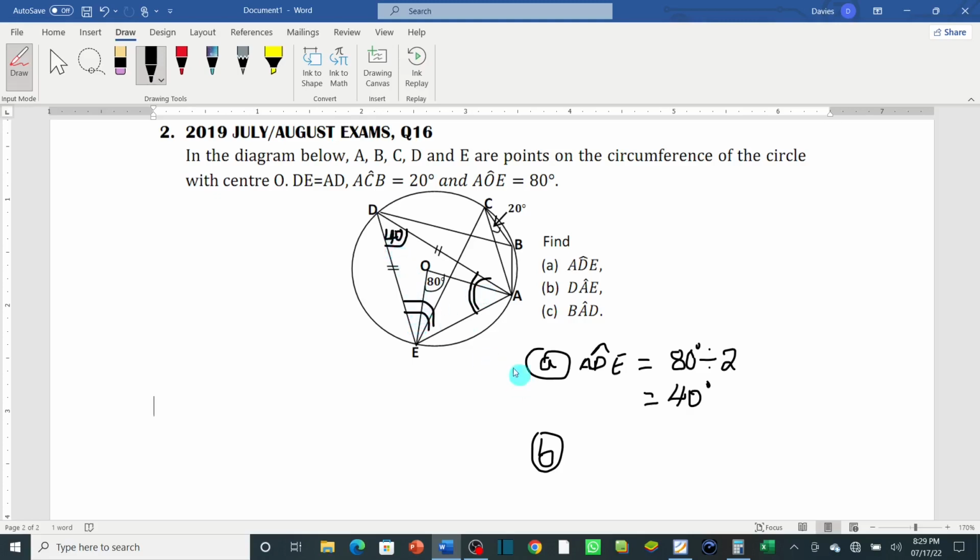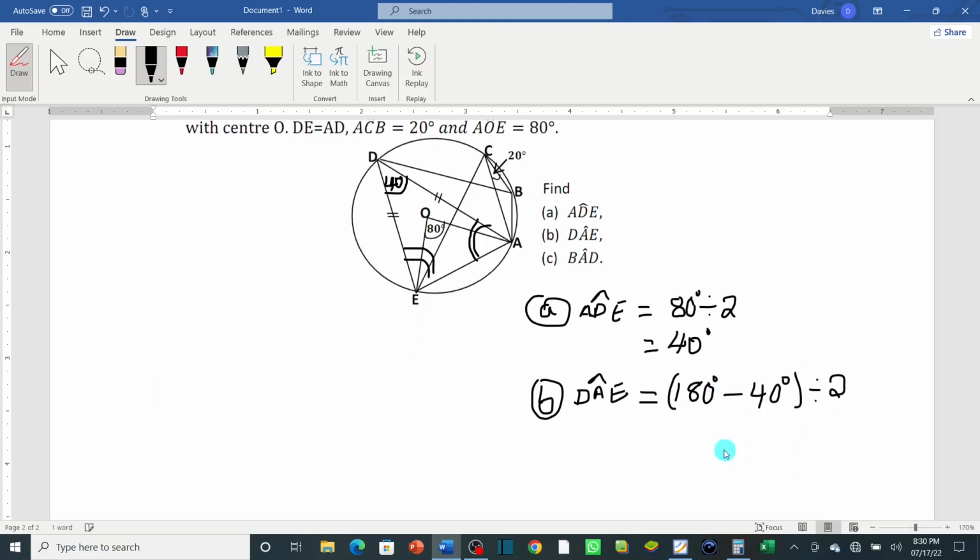So if they are equal, then to find any of these two angles, let's say angle DAE, it is going to be equal to 180 degrees minus 40 degrees, then everything divided by 2.